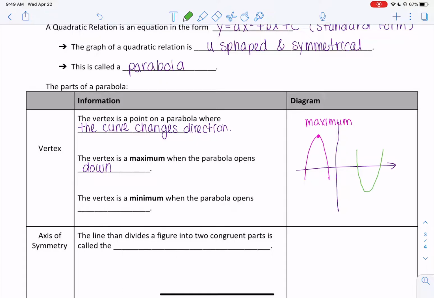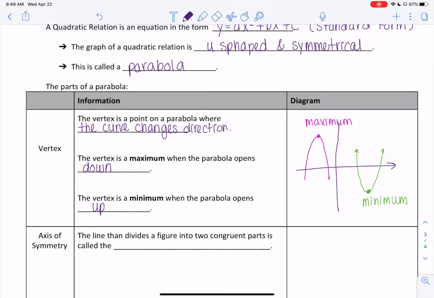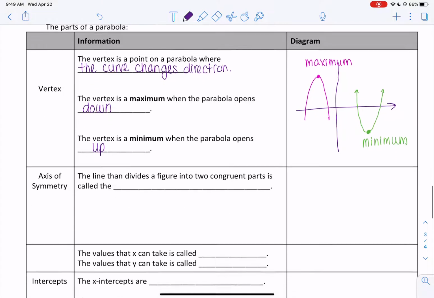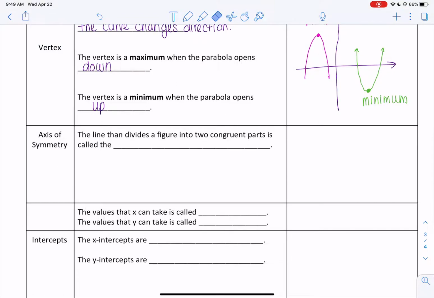And I can also have parabolas that look like this that have a minimum point. And that's what happens when my parabola opens up. So it gets lower and lower and lower, hits the minimum, and then turns around. The next thing is because they're symmetric, they all have what's called the axis of symmetry.